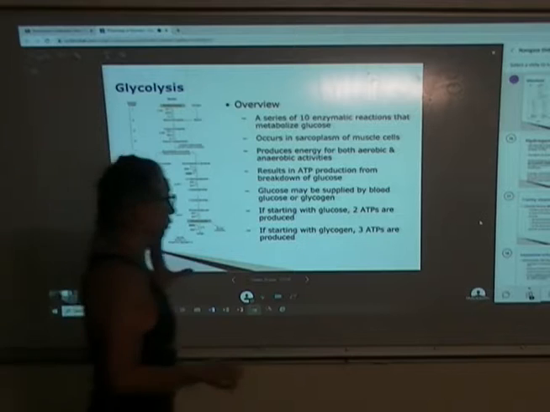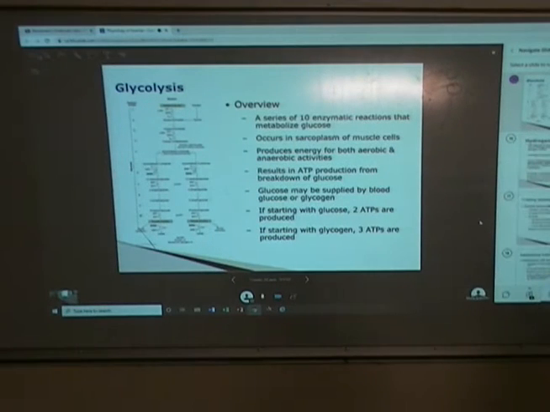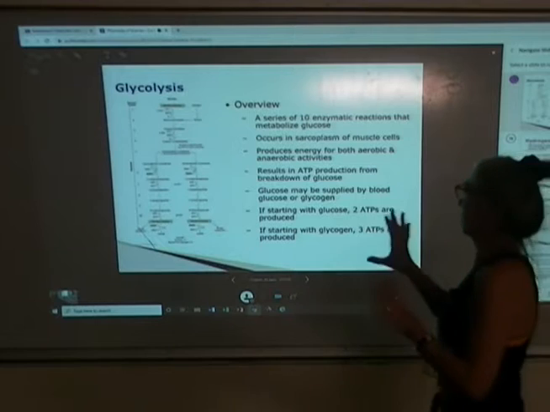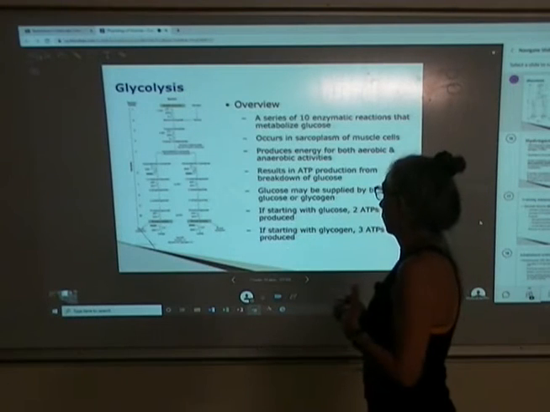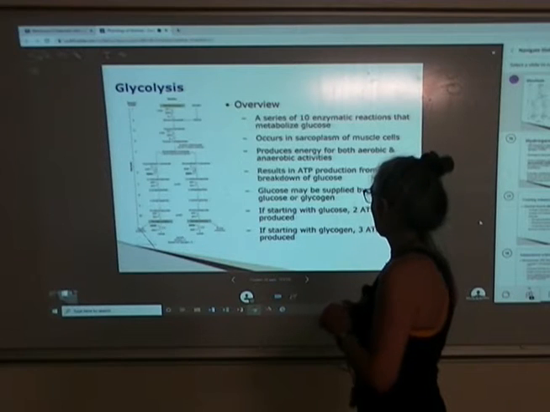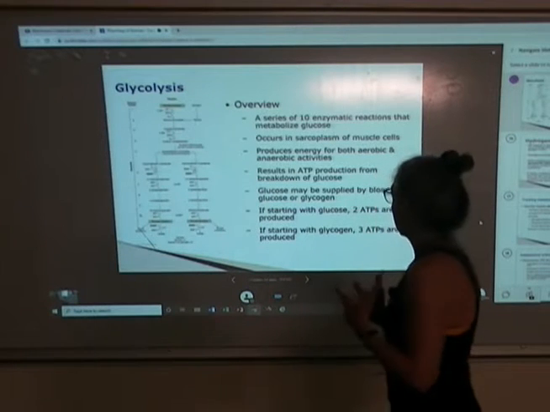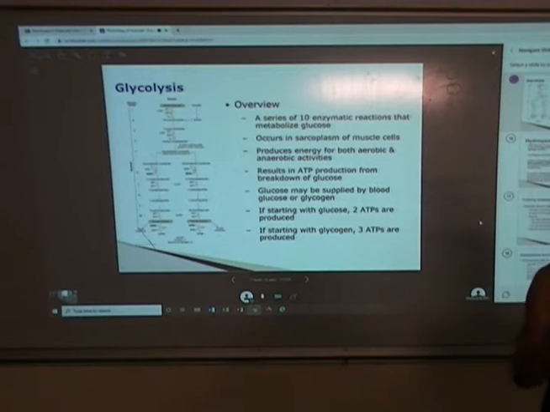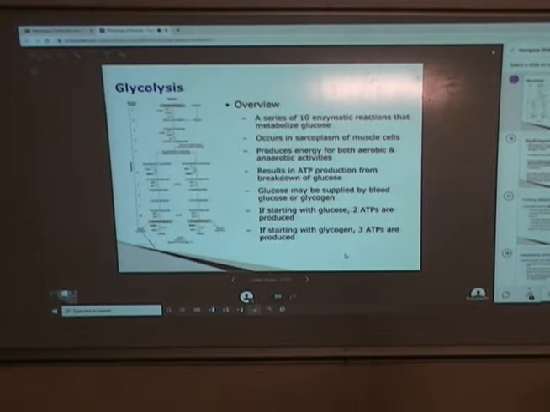So we had gone over glycolysis. I gave you a simpler version of the chain reaction than the one in the book. And now we're going to look at what's happening with the hydrogens.